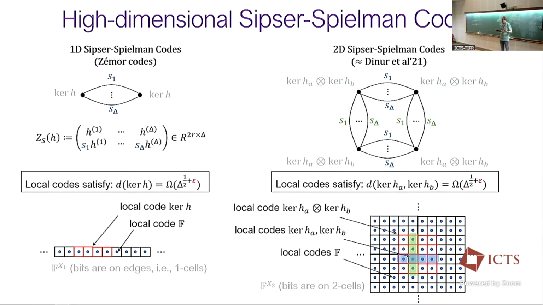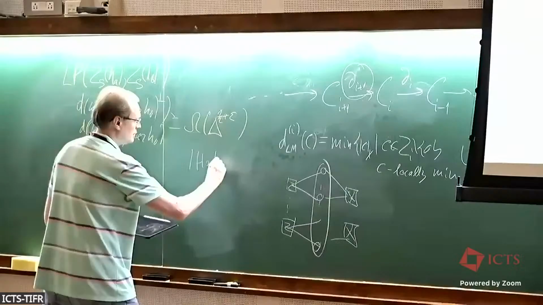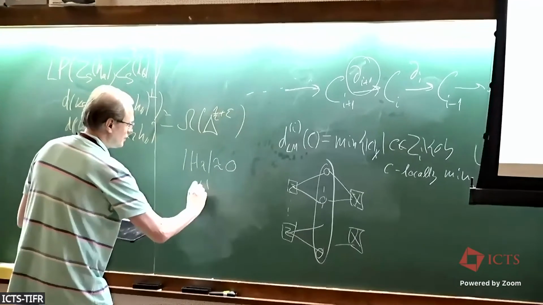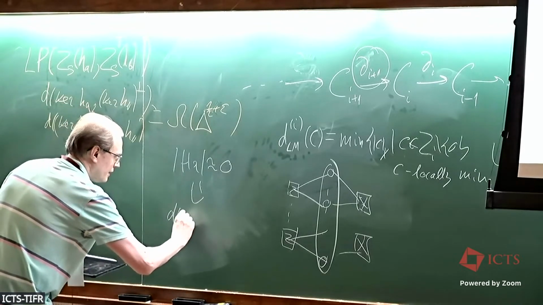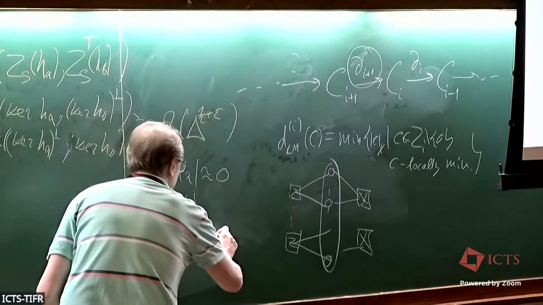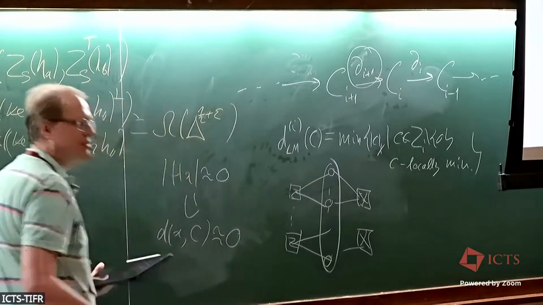We need that if we have a small syndrome, then this should imply that this vector is close to 0 in distance.